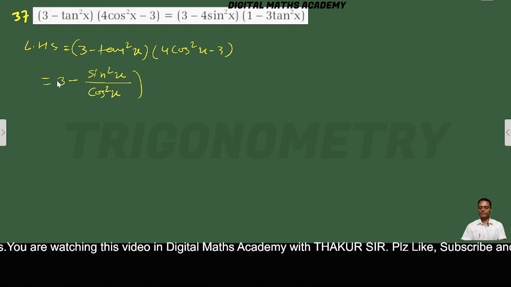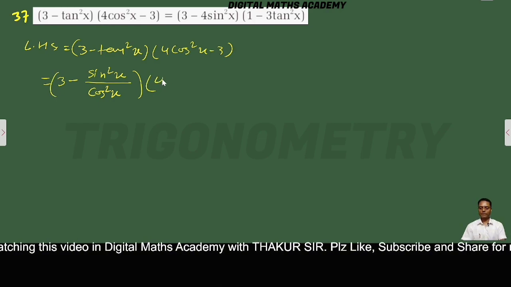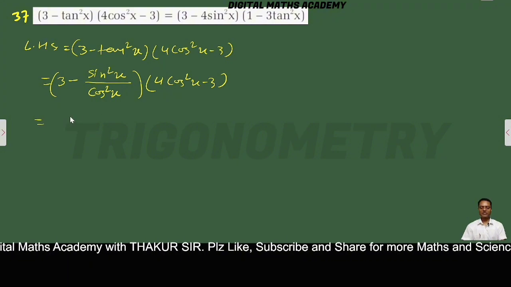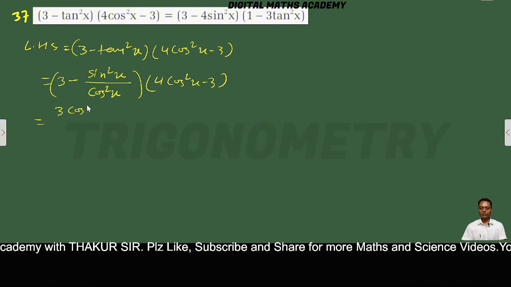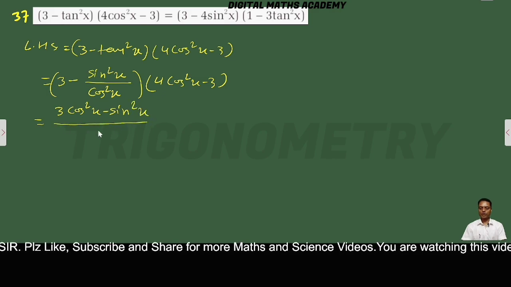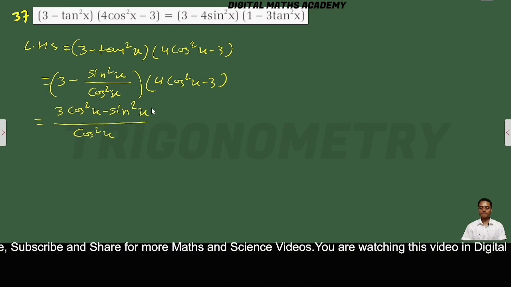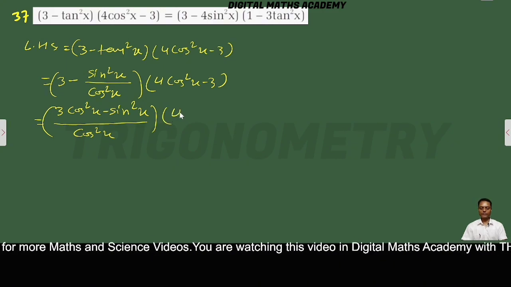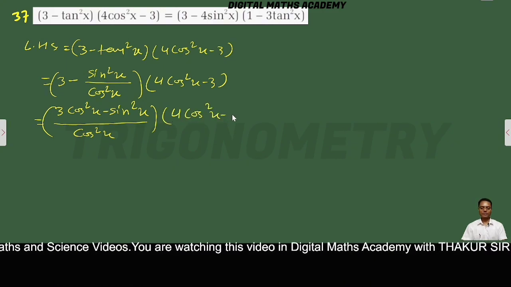So it is x. Next one we have 4 cos square x minus 3. So simplification gives us (3 cos square x minus sin square x) over cos square x, and we have another factor as 4 cos square x minus 3.